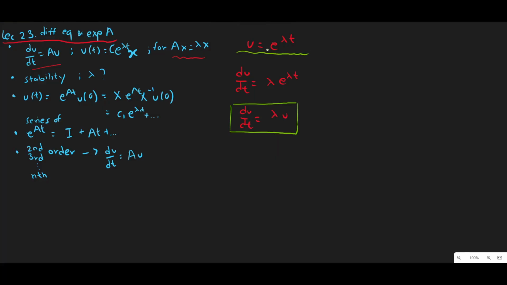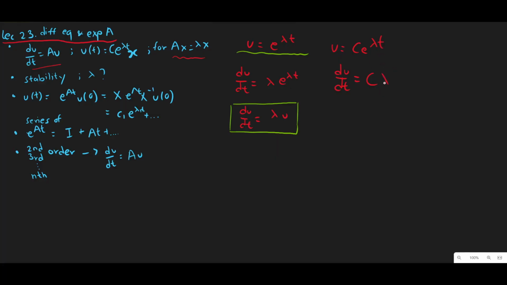But actually, I'm assuming here that the constant in front of e is 1. So let me write it in slightly different terms. I have u equal to c e to the power of lambda t, and du over dt here. c is just a constant, it doesn't have anything of t inside.